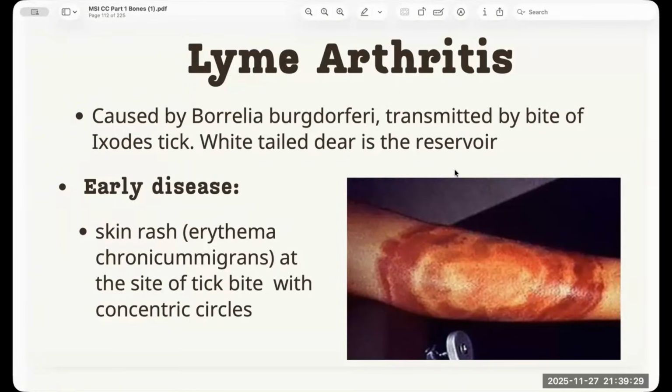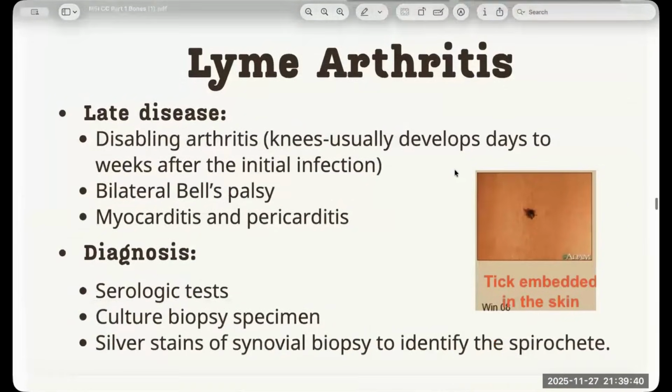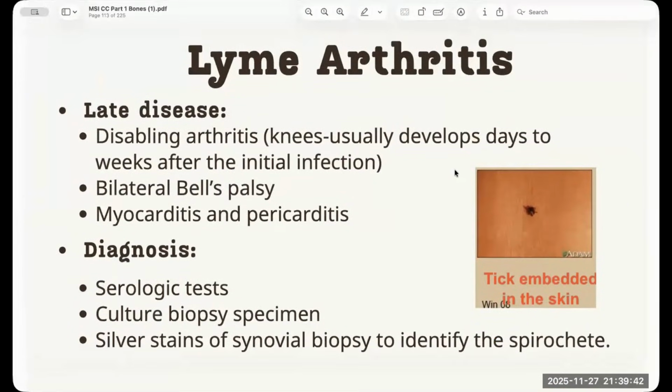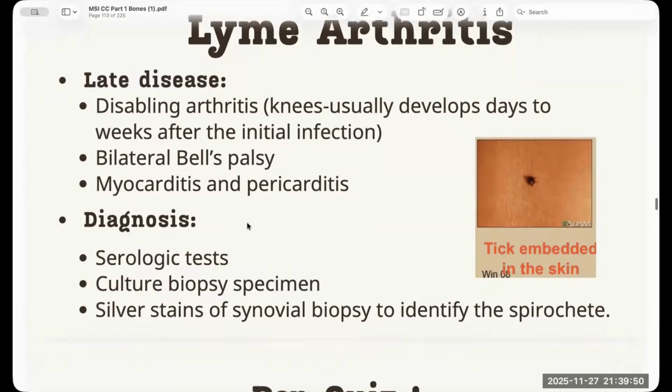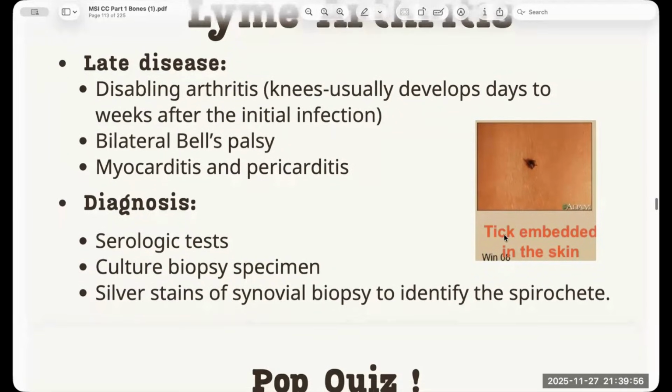So it shows as a bull's eye. This is how it's usually described. Okay, and late disease of Lyme would be arthritis, bilateral Bell's palsy, myocarditis and pericarditis. Diagnosis would be reached by serology tests, culture, biopsy, and silver stains of the synovial biopsy.